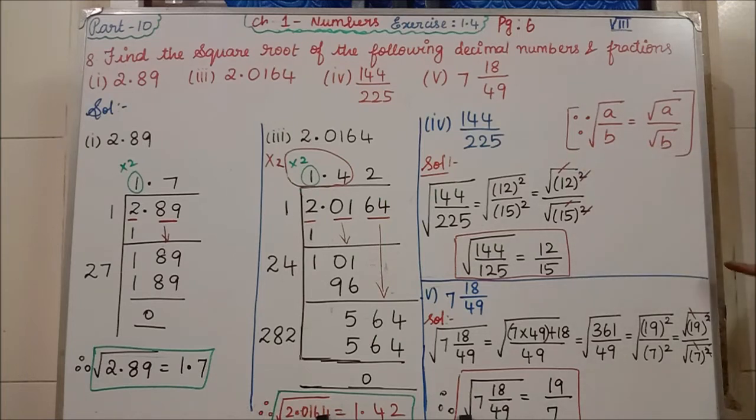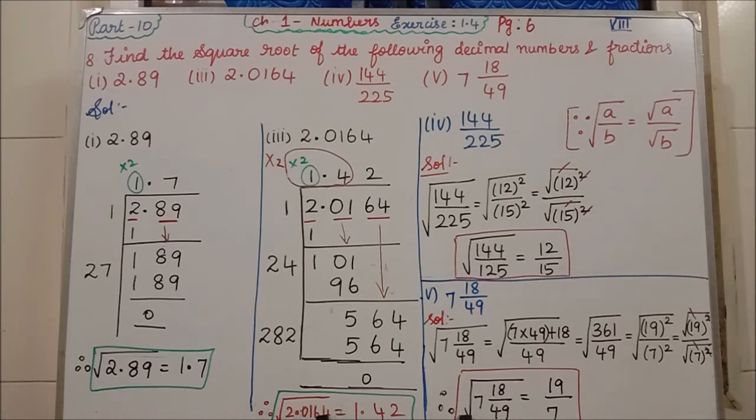Here also square and square root are getting cancelled. So what remains in the numerator? 19. In the denominator? 7. So the answer is 19 by 7. Clear, students, how to find the square root for decimal numbers as well as for fractions?